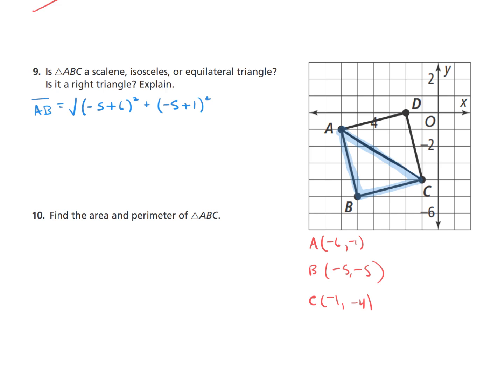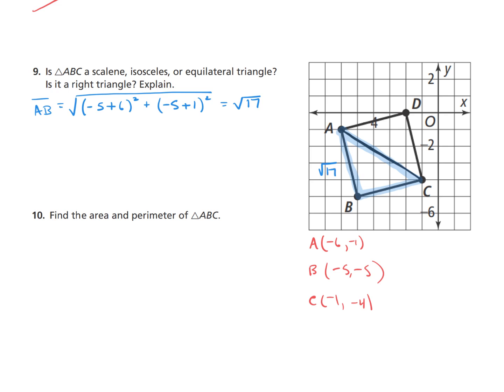We square that. And then just to save time, I'm just going to type all this into my calculator. We have the square root of 17. So AB is square root of 17 units long.